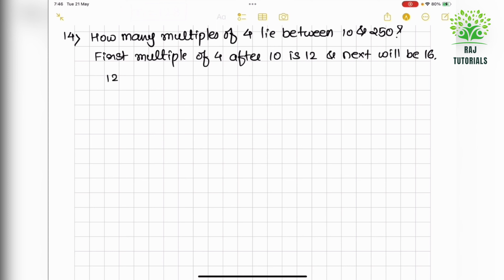So I can say 12, 16, 20, and so on it will go. Now still I don't know the last number. To get the last number it should be below 250.